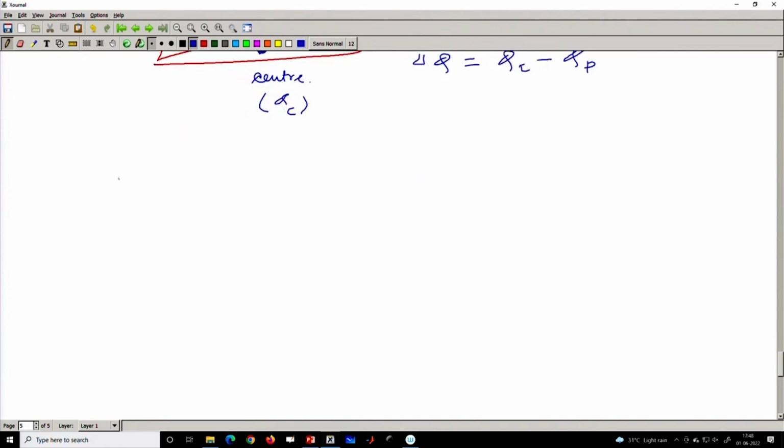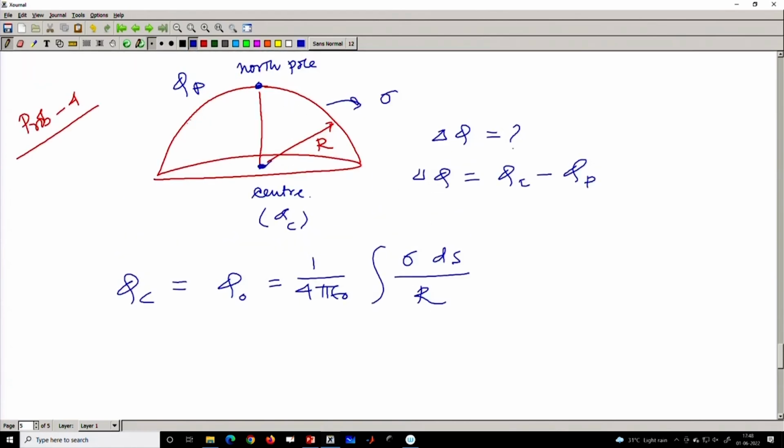So, let us find out what phi c is first. Phi c is phi 0, the reference, 1 by 4 pi epsilon naught, and according to the formula we simply have this, because over the surface all the points are at the same distance from the central point.